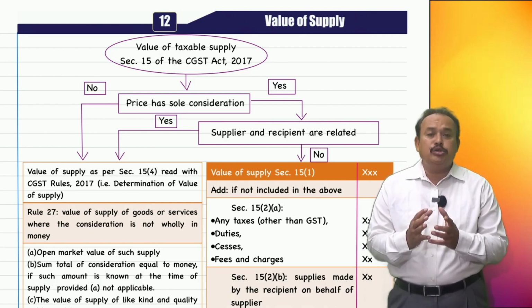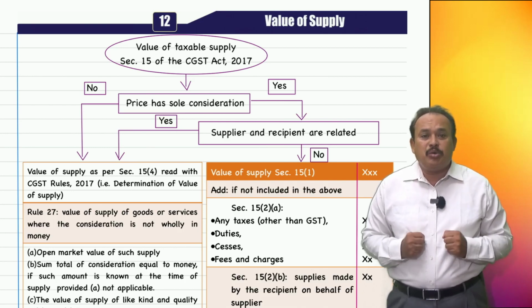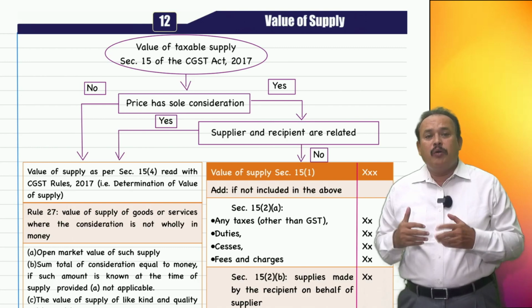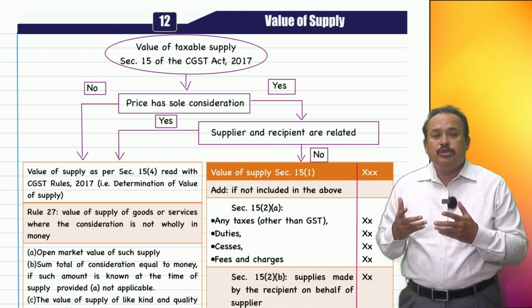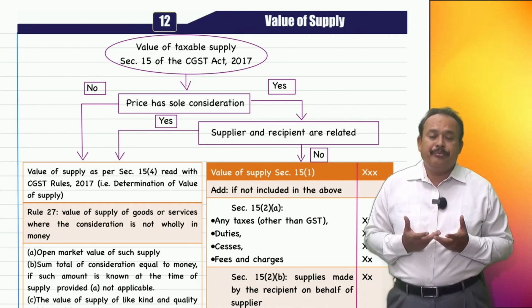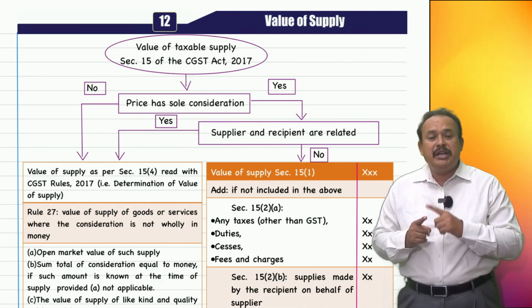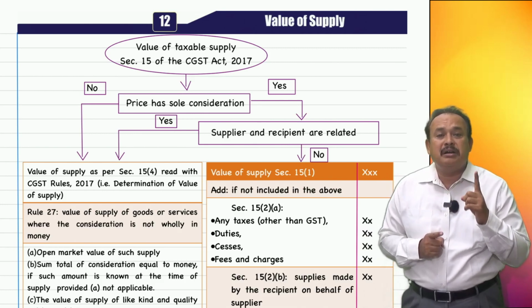Now, how to determine the correct value? Otherwise, what happens if I overvalue to pay the tax? The taxpayer is a loser of money. If it is undervalued, revenue deficit, the department will raise a notice.